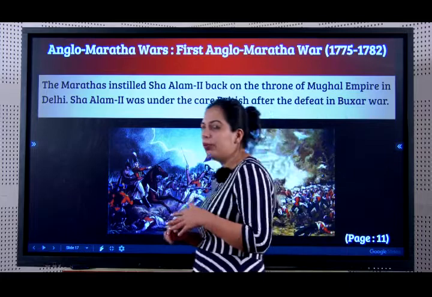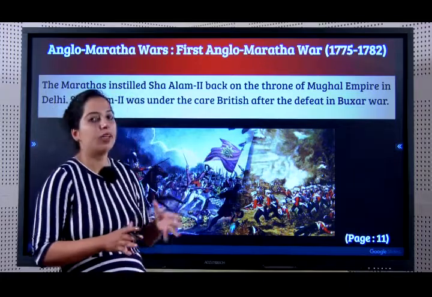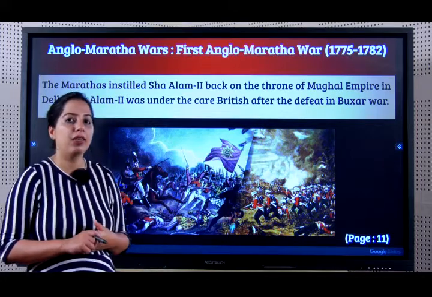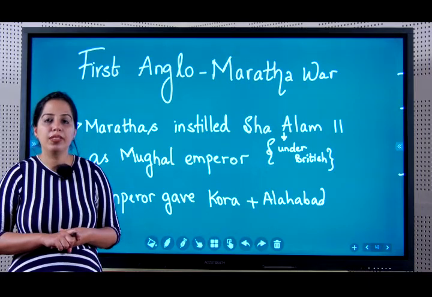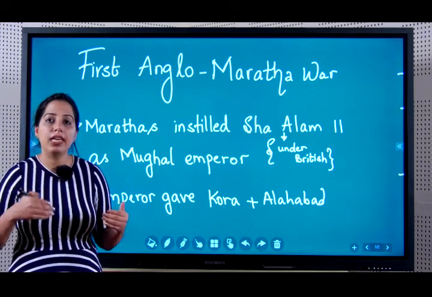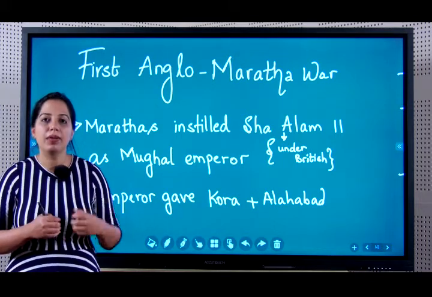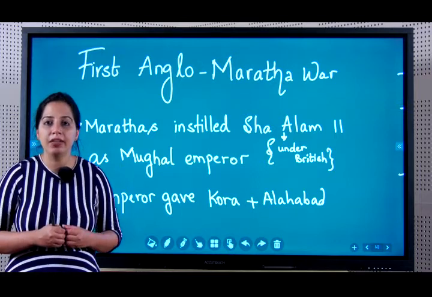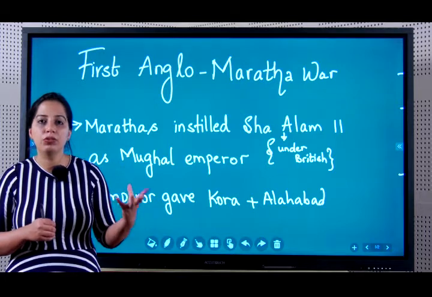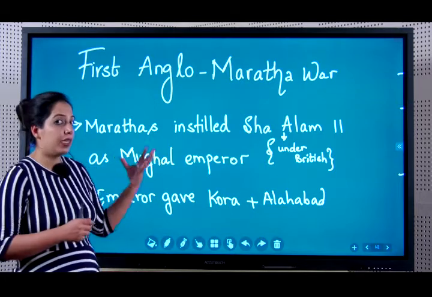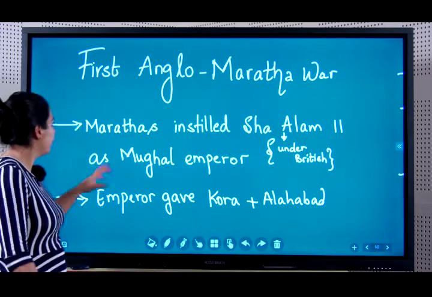A quick review of what happened in the Battle of Buxar is very important before we learn the Anglo-Maratha War. Shah Alam, the Mughal ruler, opposed the British and fought against them in the Battle of Buxar. Because they lost the battle, the British put a fine on him and he also gave the Diwani rights of Bengal to the British. But in the Anglo-Maratha War, let's see what is happening.